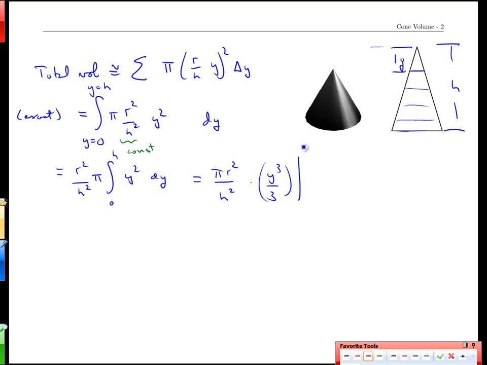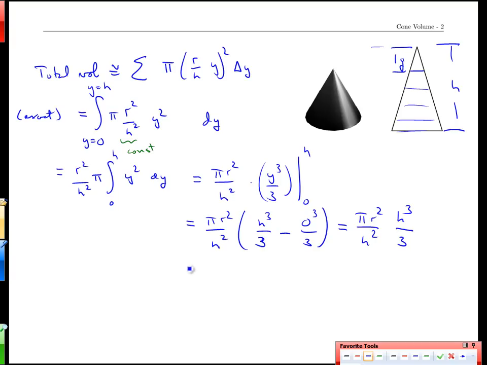We're going to evaluate that at h and 0. And we keep going, copy the constants. We get h cubed over 3 minus 0 cubed over 3. And that gives us pi r squared over h squared times h cubed over 3.